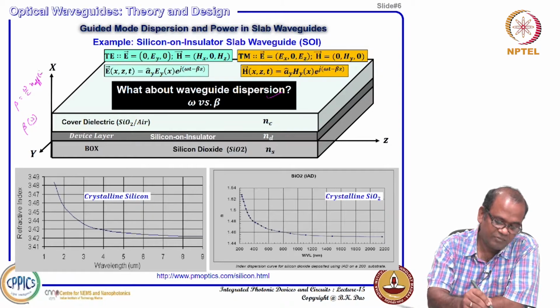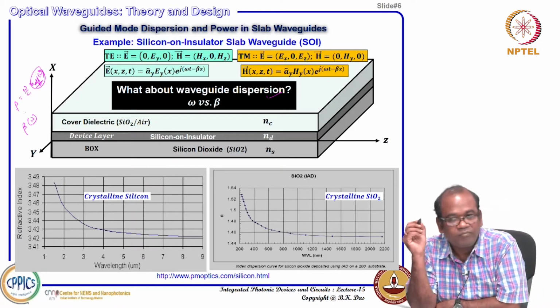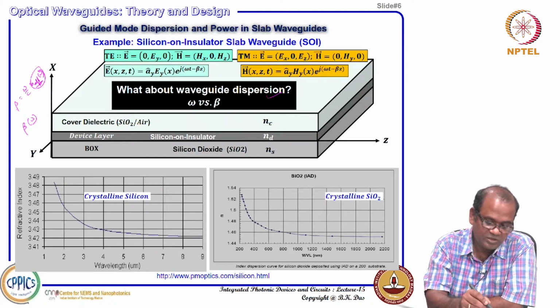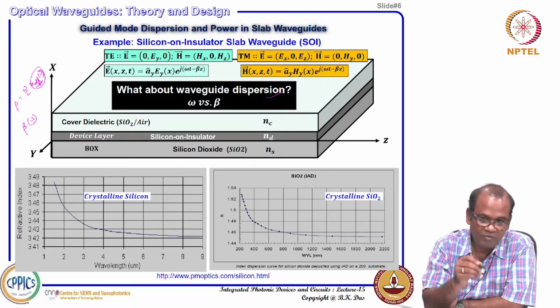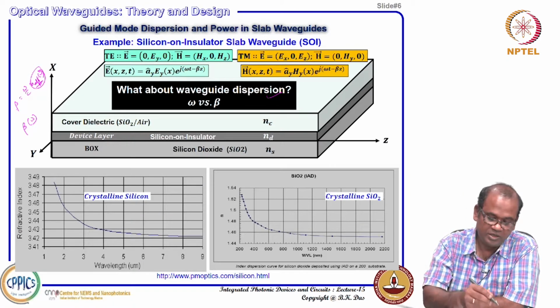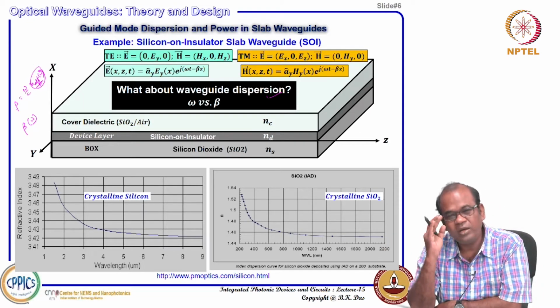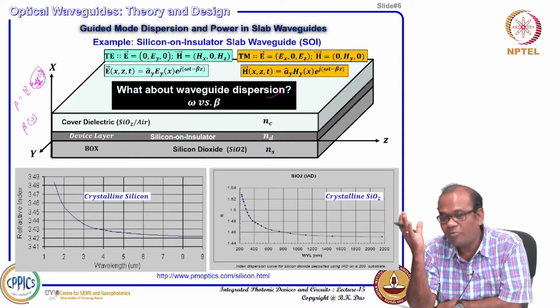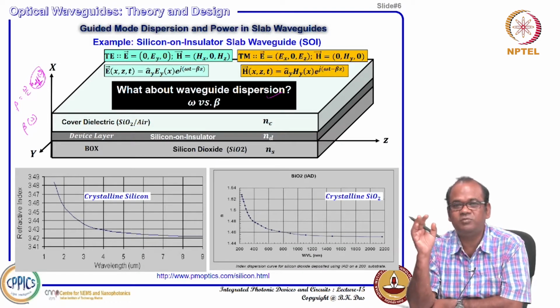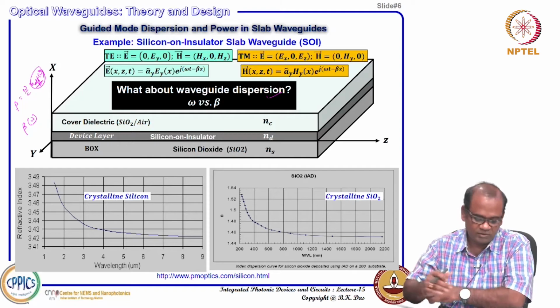If n effective is not frequency dependent, then it is a constant, and I would get beta versus omega as a straight line. But if n effective is frequency dependent, then for a given mode n effective or beta will become non-linear, and we have to take care of that. If it is linear, we normally know that the group velocity and phase velocity will be identical. We will discuss that in course of time.